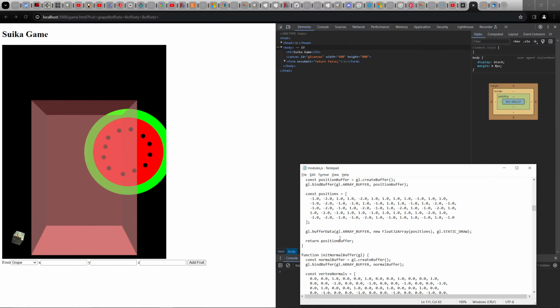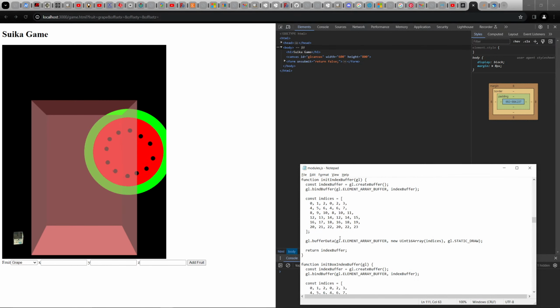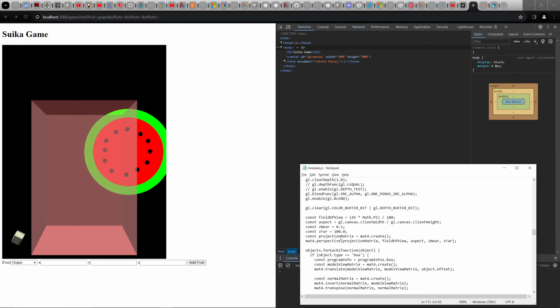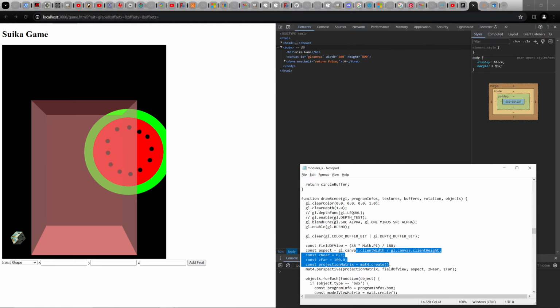Now I want to look at the draw scene. I'm trying to find where I have it. Okay, so yeah, canvas client width, client height.